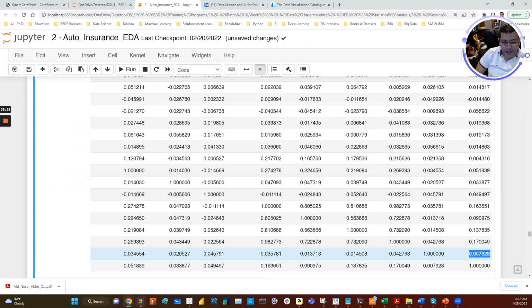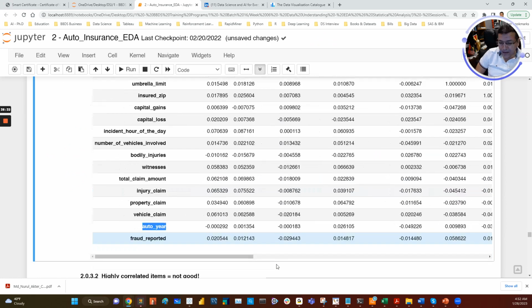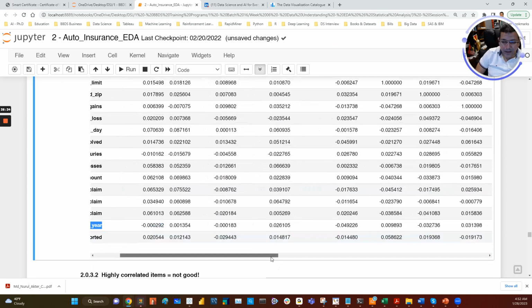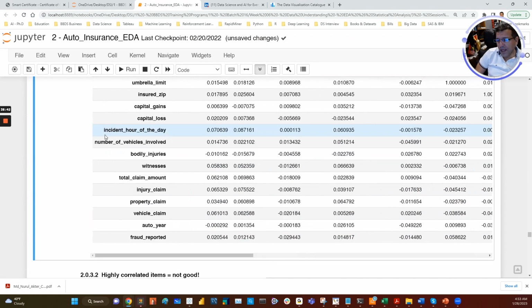Yeah, this one is very small, 0.07, so our year has to be removed. And there is another one, 0.04, incident hour of the day.